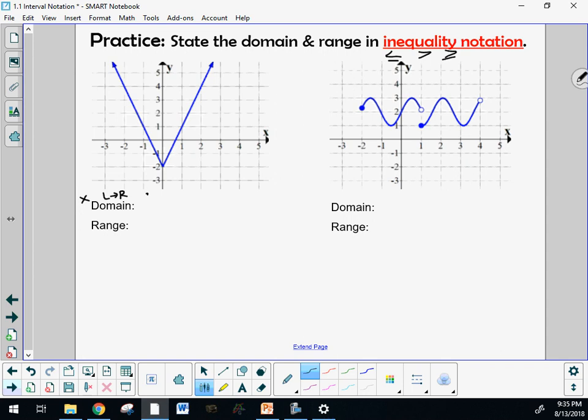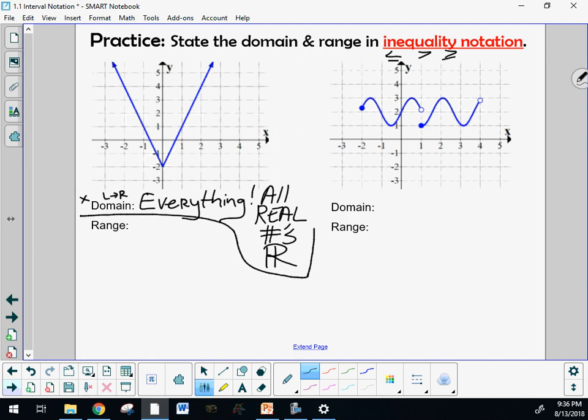Does anybody remember how we say that? It's everything. And in math, the way we would say that is all real numbers. Or we use the symbol for all real numbers. Okay, that's the domain.